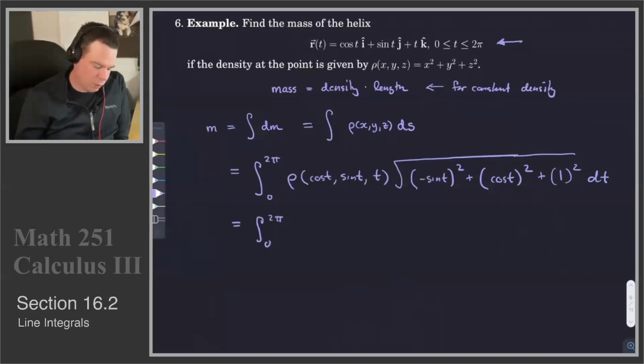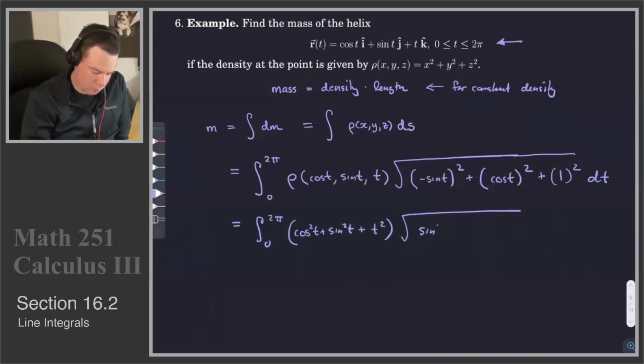The rho function is x squared plus y squared plus z squared, so we can work that out. That's cos squared t plus sine squared t plus t squared. And then under the square root sign, we have a sine squared t plus cos squared t plus 1 dt.